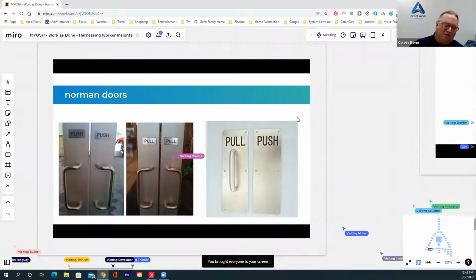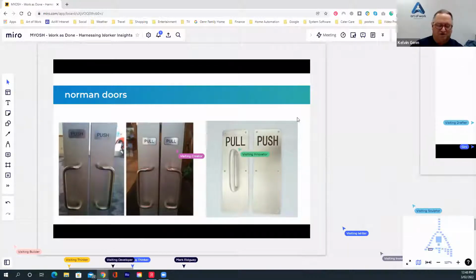It's on doors, and we've all had this experience: you'll have doors that say push and you'll pull them rather than push, and the other way around. So that illustrates the problem, and we think that it's fixed by putting a sign on it. So all we need to do is write the procedure, tell people how to do it, and that will fix the problem. The fact is, we know that doesn't work. We all see the signs and still do the wrong action.